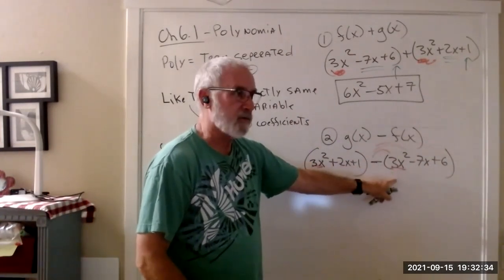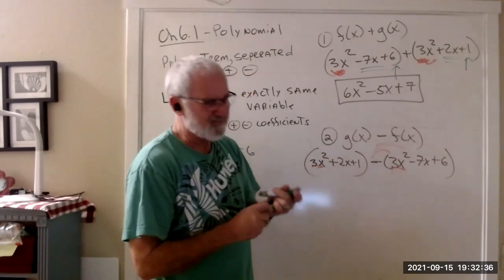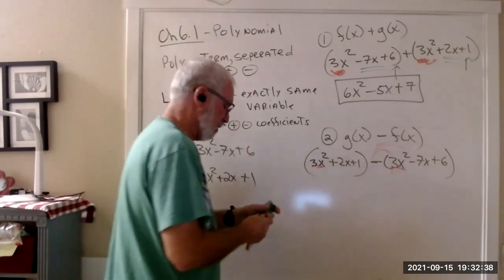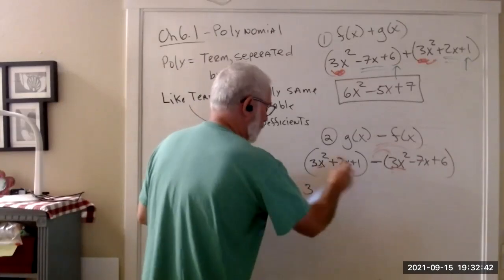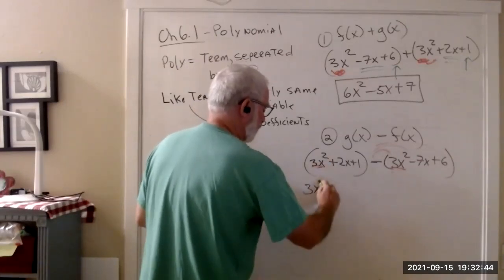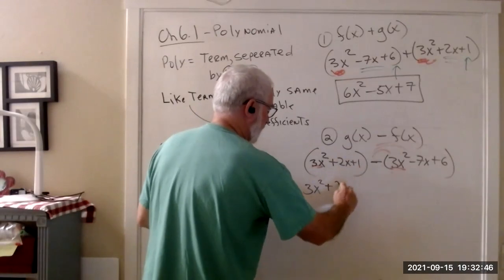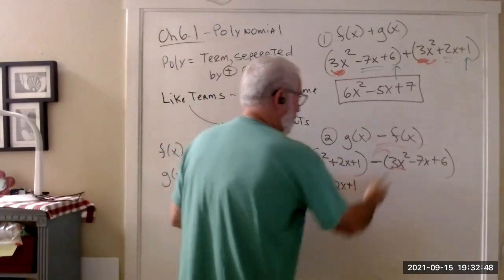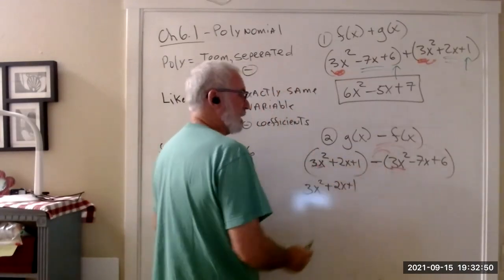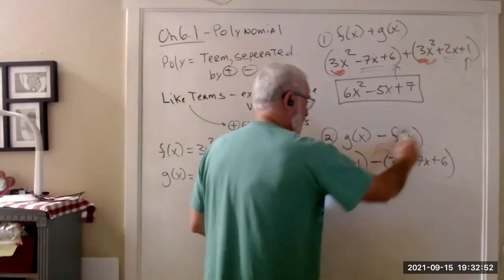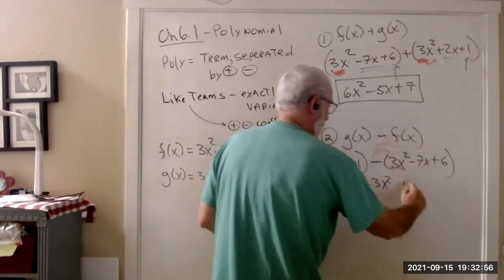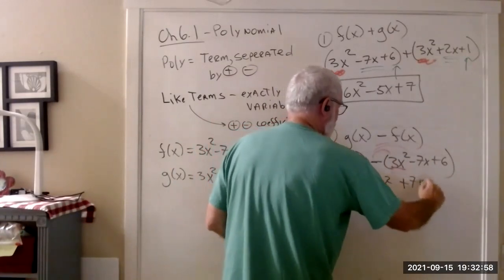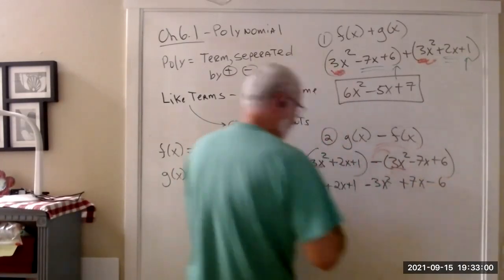This particular problem had no reason for parentheses, so I can just write it down again. But this one has a need for parentheses. The minus sign distributes. So we have minus 3x squared plus 7x minus 6.